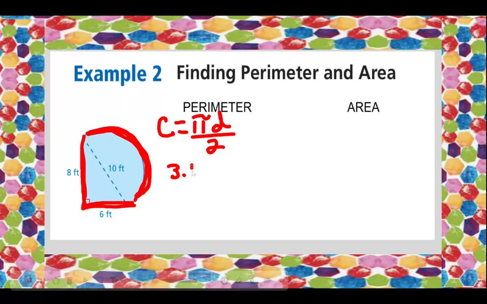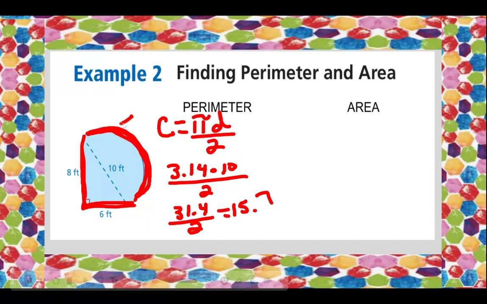So 3.14 times the diameter, which is 10, divided by 2. Well, 3.14 times 10, move your decimal one spot to the right, so 31.4 divided by 2 is 15.7.